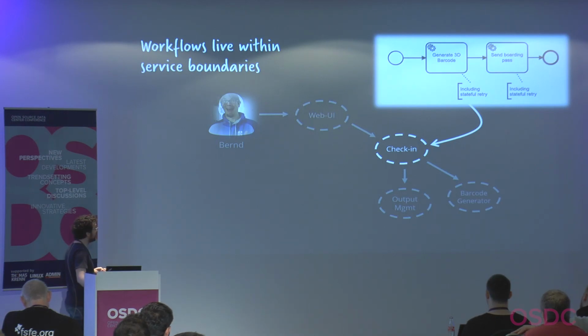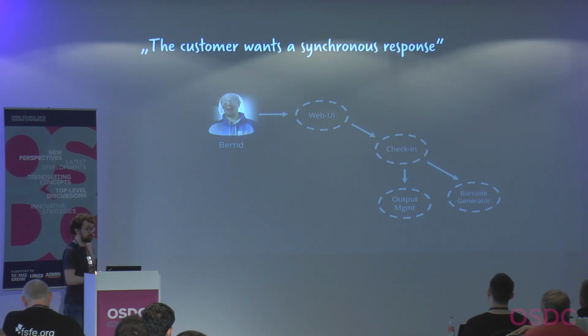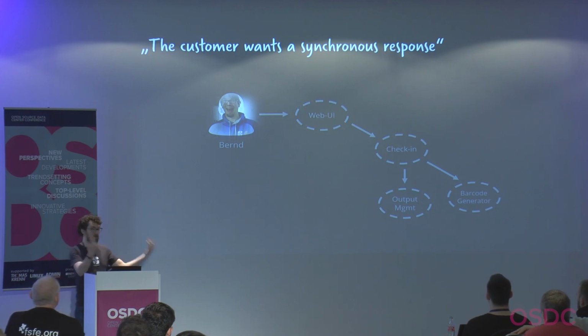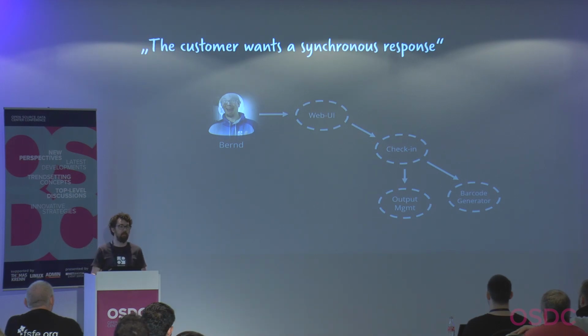So if Bernd had his little check-in process there, which generates the barcode and that sort of thing, the first thing that people tend to talk about, when we suggest this idea, is that the customer wants synchronous responses. That's just what they expect, okay? And the interesting thing is they don't ask, well, if the customer doesn't get a synchronous response, what would they like?